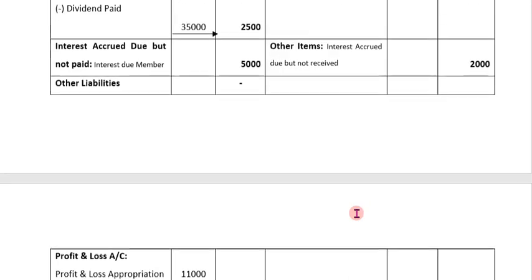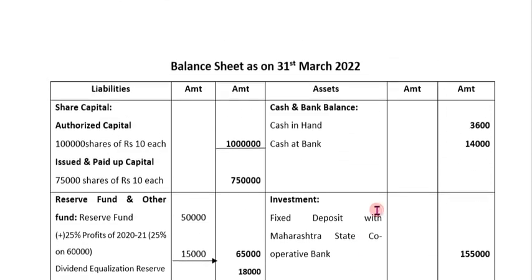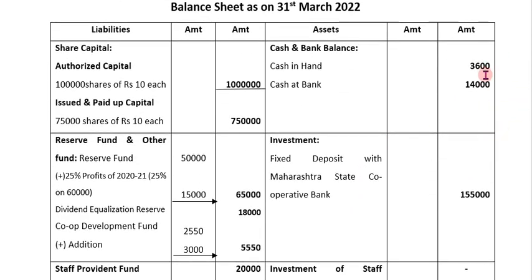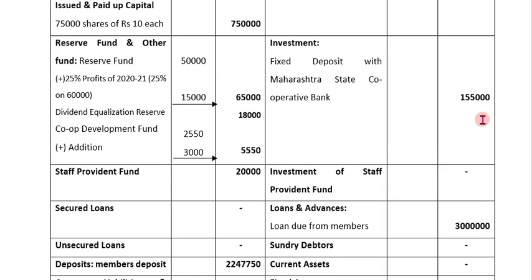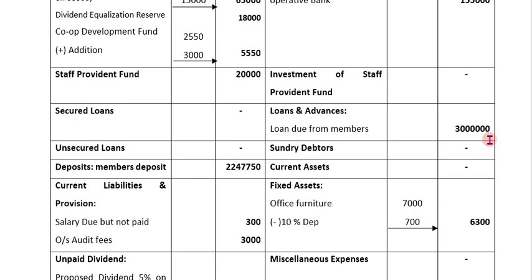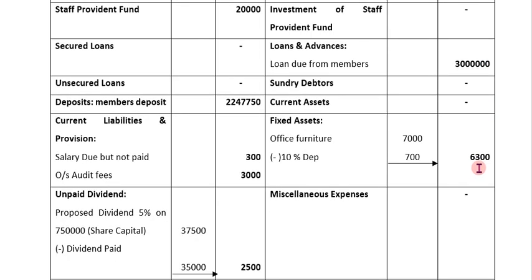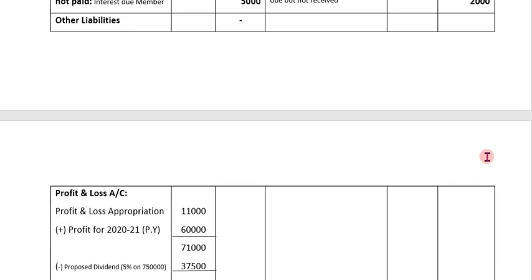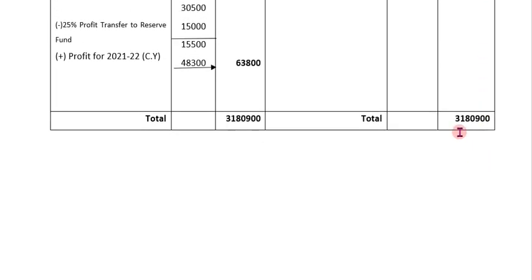So the total of the liability side is 31,80,900. Now the total of assets, so add all these amounts: 3,600 plus 14,000 plus 1,55,000 plus 30 lakhs plus 3,000, 6,300 plus 2,000. So total will come 31,80,900.